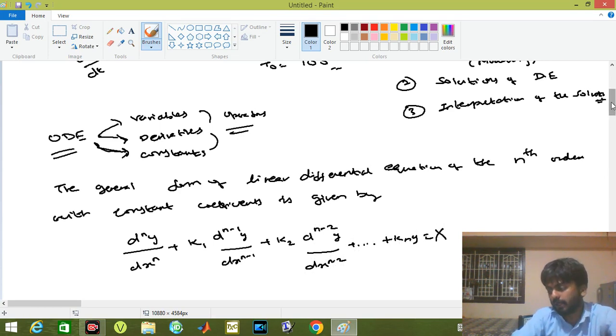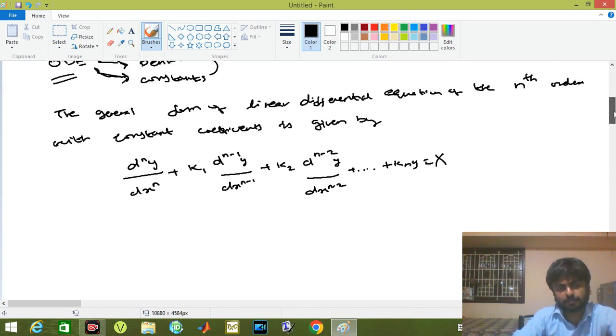This capital X gives us the function of x.